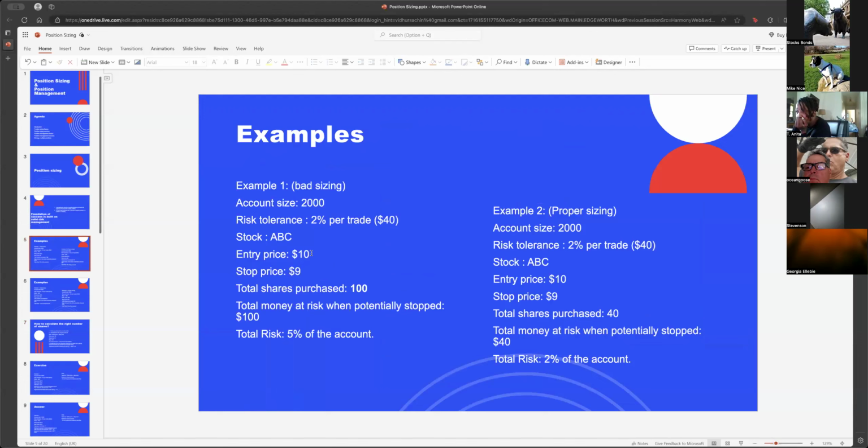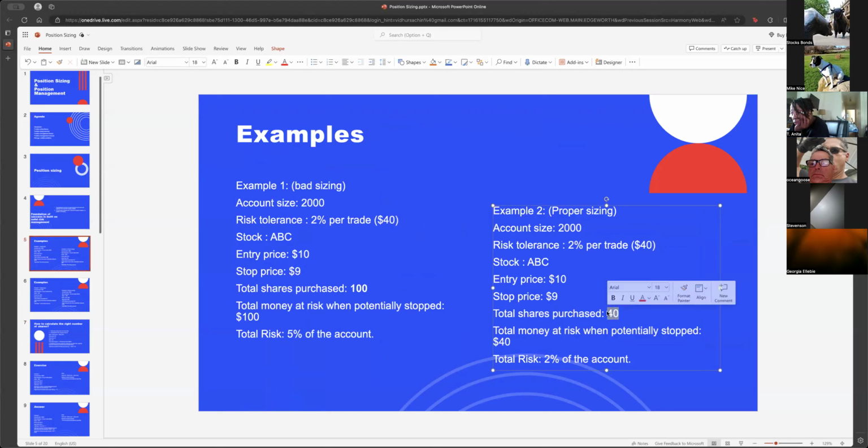Now go back to the example and see if you can find it. The first example, what is the risk here? Entry price is 10, stop price is 9, risk is $1. So if the stock price drops $1 from your entry, you're going to get kicked out. What is 2% of your account? 2% of your account is $40. So now how many shares can you potentially buy? 40, 2% of your account, divided by the risk, which is 1.